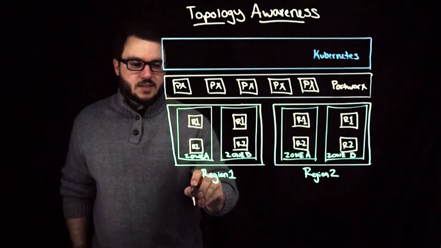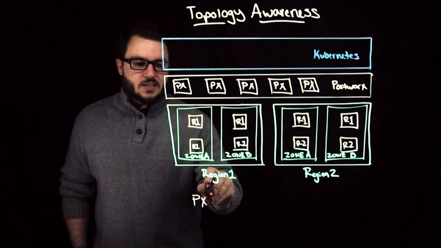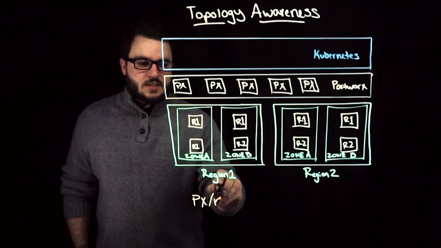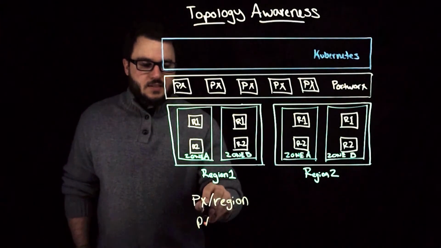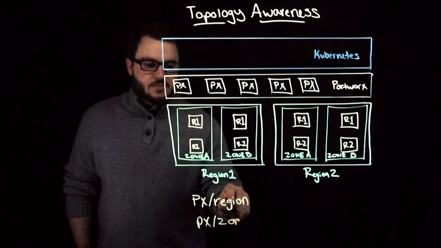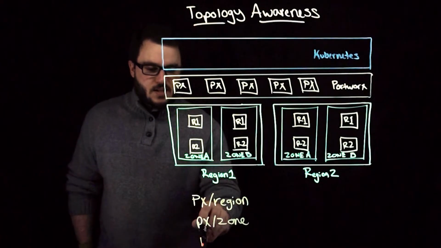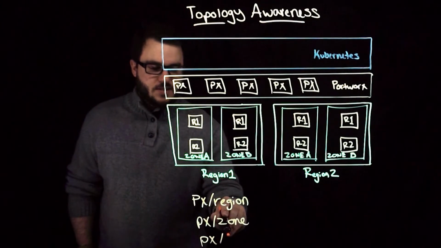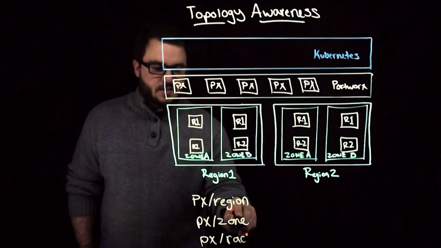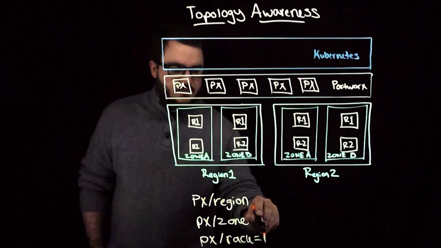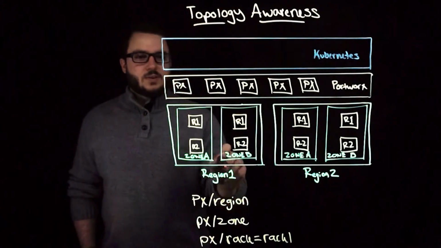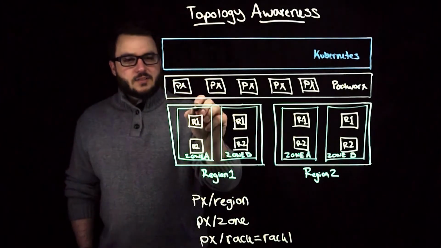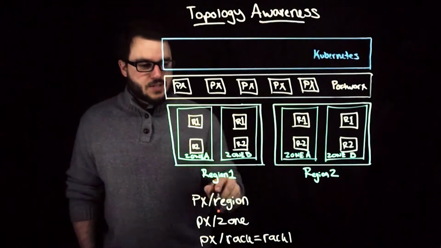So typically what you'll do is set px/region, px/zone, and px/rack, such as rack 1 for a specific node that relies on rack 1 in zone A and region 1.